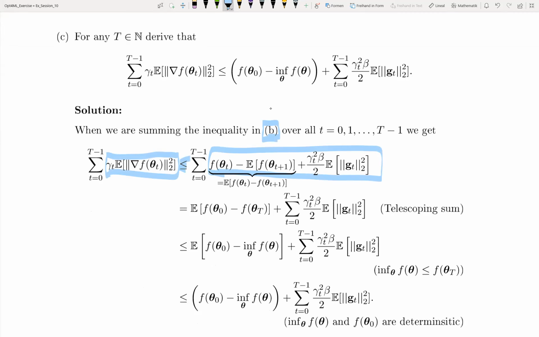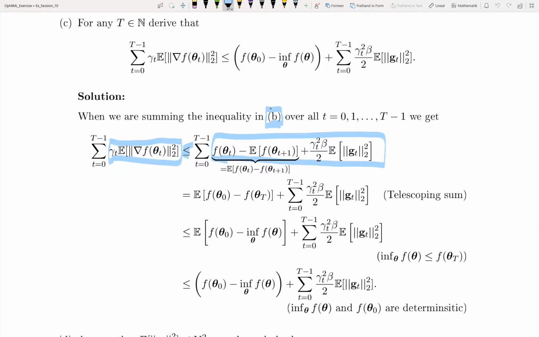And we sum it now up from 0 till t minus 1 for some fixed iteration number, capital T. And this thing here, we can write it back as the expected value of f of theta t, with the expected value outside, first looking at the difference and then computing their expected value.